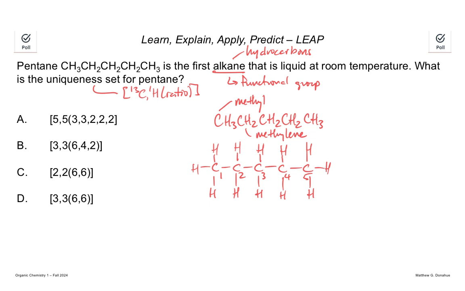So as we look at that, every bond that you see is a single bond. So that's called a sigma bond. And how many electrons are in a single bond? There's 2 electrons.